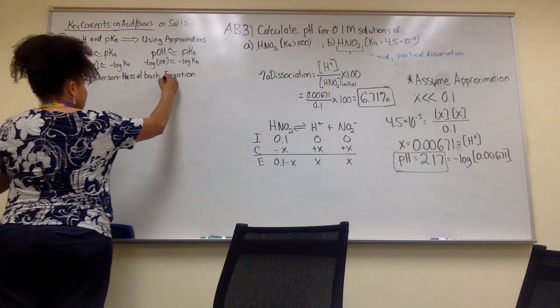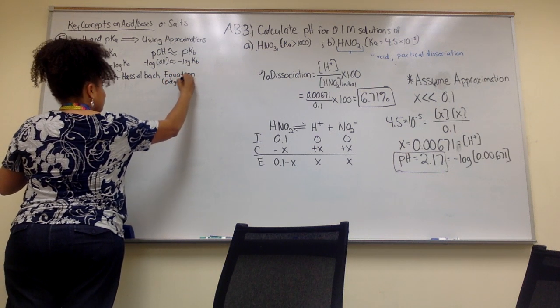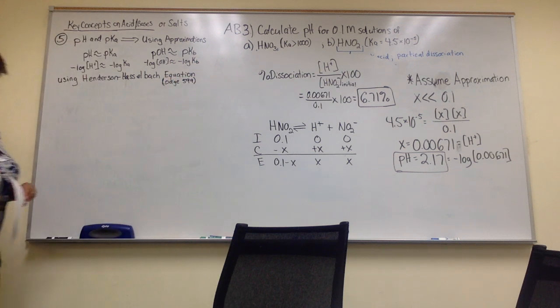And this is found on page 599 in your textbook, and it's also in chapter 17. So I'm easing in a little bit of chapter 17 as we're talking about chapter 16.